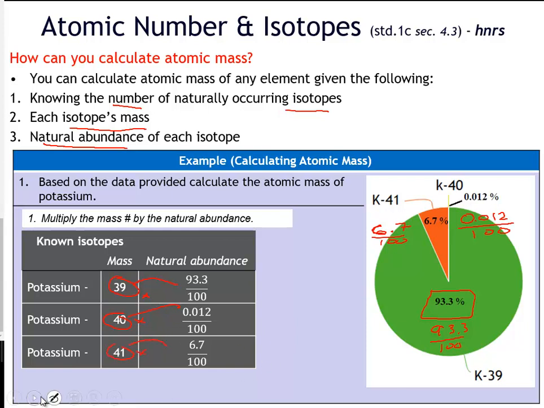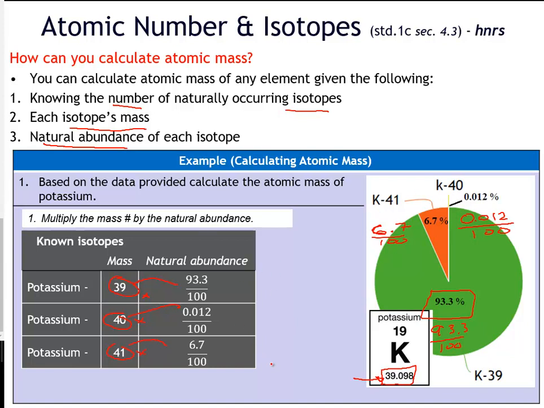When we multiply them, we're going to get a series of sub numbers. Now, before I multiply them, I want to make sure that you can predict. I'm going to look at the periodic table, and I should note that this is the average atomic mass, as we already talked about in the previous lectures. This clearly shows a weighted average, showing more of potassium-39's effect than potassium-41 or 40.